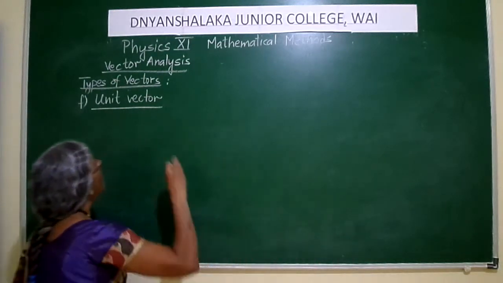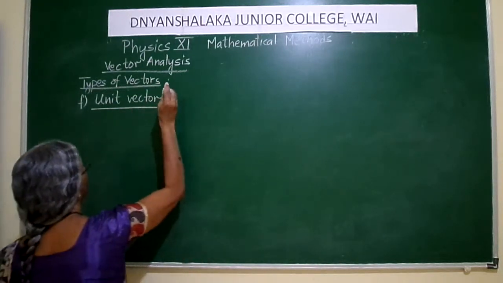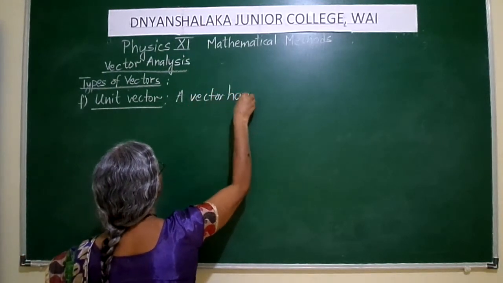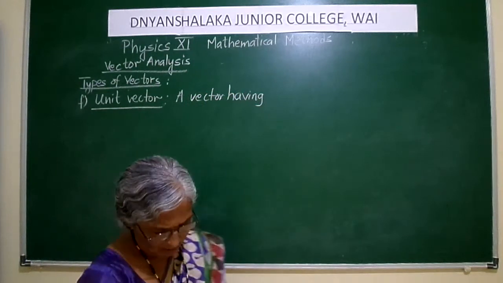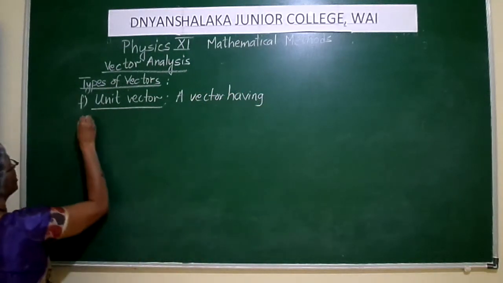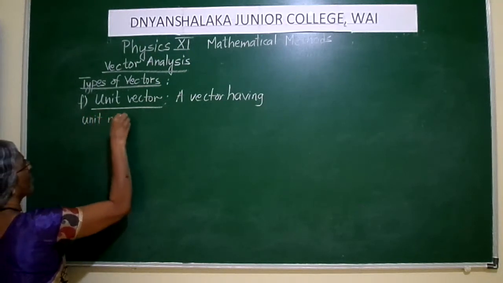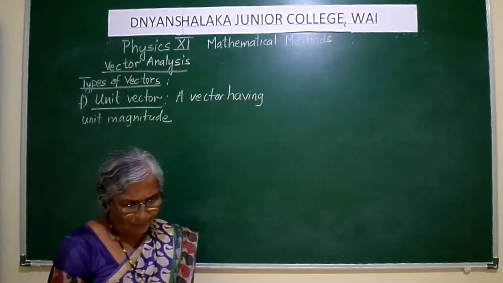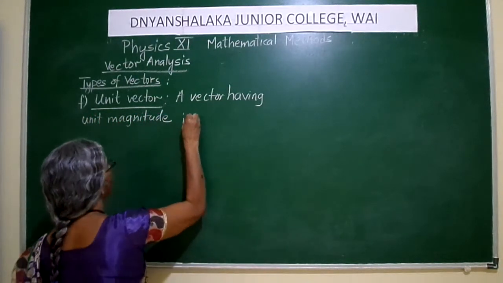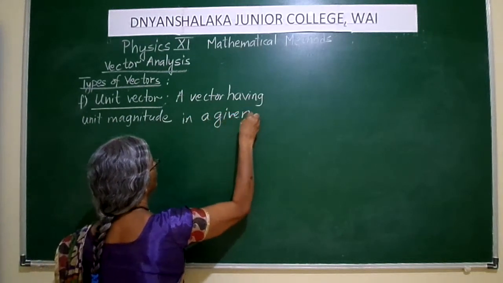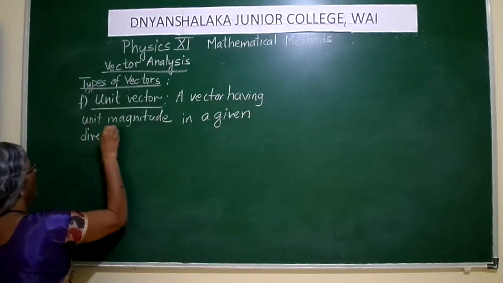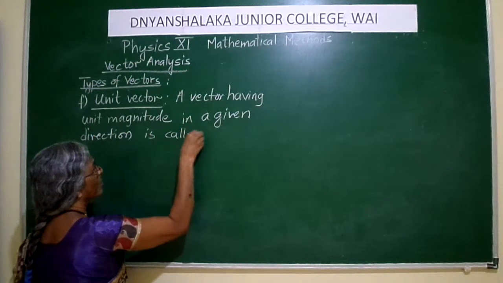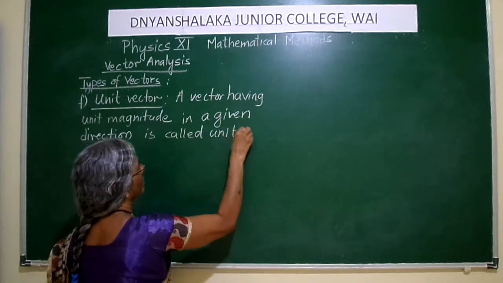So, what is it? A unit vector is a vector having unit magnitude in a given direction is called unit vector.